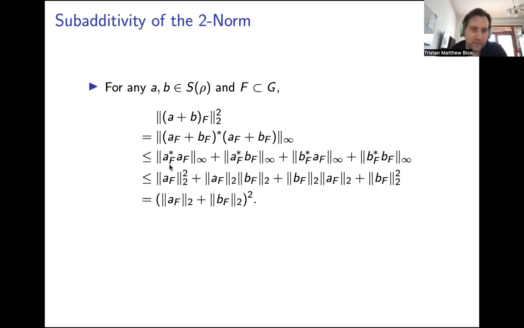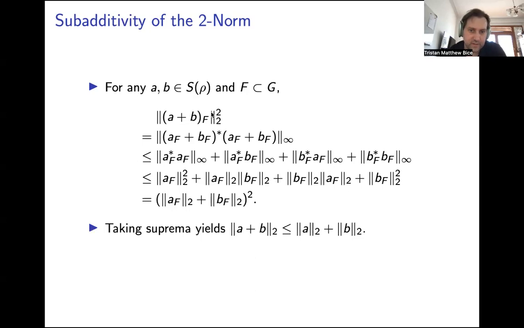And then note, what is this really? This is really the 2 norm of Af. This thing here follows from the inequality we just proved in a very special case, and likewise for these guys. In the end, this is really just the square of the 2 norm of Af and the 2 norm of Bf. Then you just take suprema.